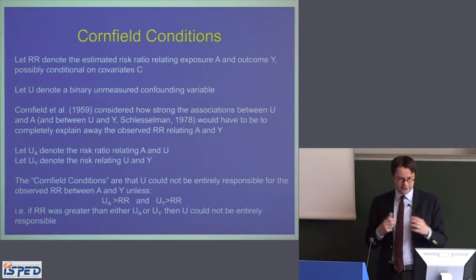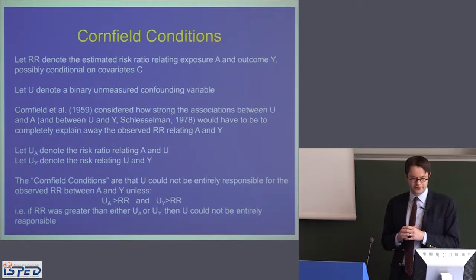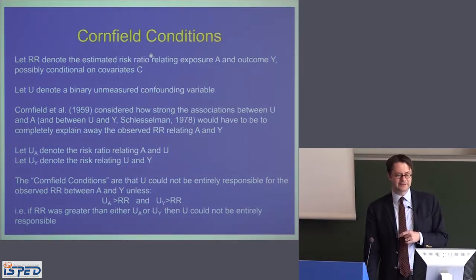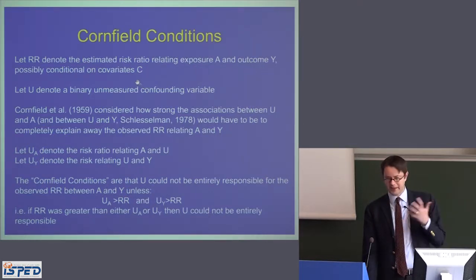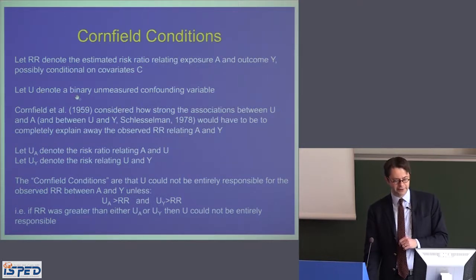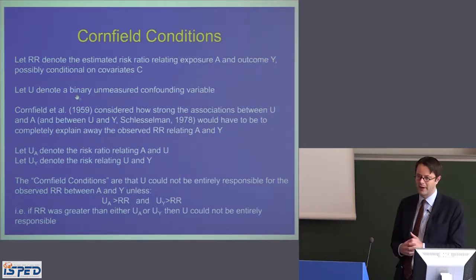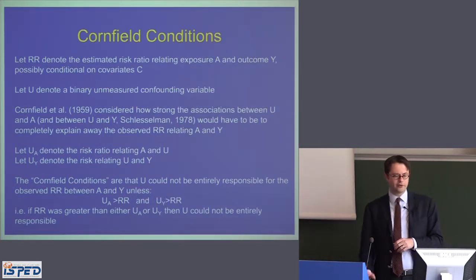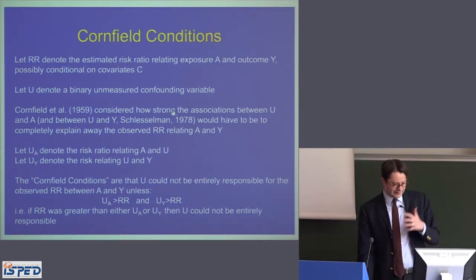The logic that Cornfield and co-authors used was, if we let RR denote the estimated risk ratio relating the exposure A and outcome Y, possibly conditional on some measured covariate C, and, in Cornfield's work, if we let U denote a binary unmeasured confounding variable, and we'll come back to that assumption, Cornfield said, well, let's define a couple of parameters.